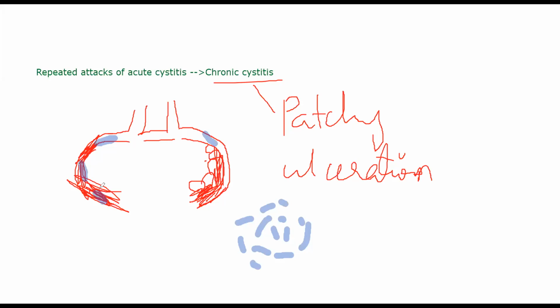There will be formation of lymphoid follicles in the bladder mucosa, the outer layer. Suppose these green dots are lymphoid follicles. This condition, when lymphoid follicles are coming, is called cystitis follicularis.